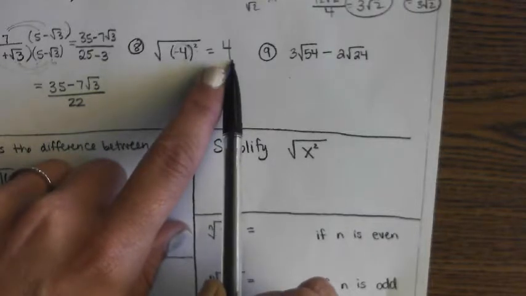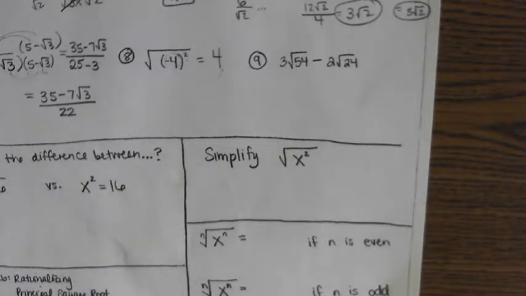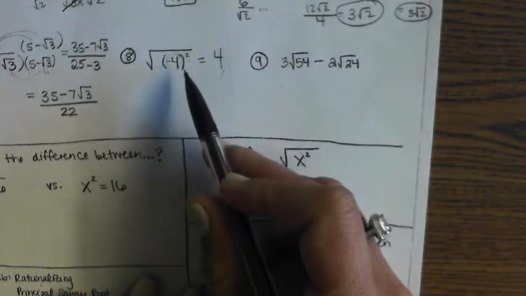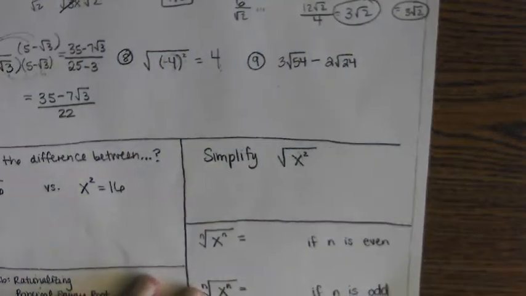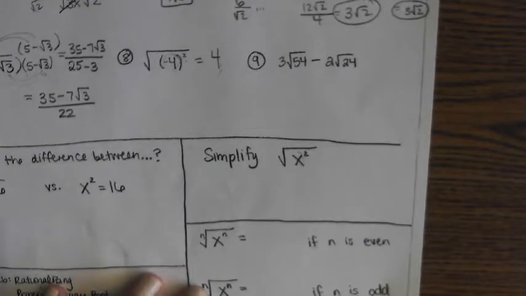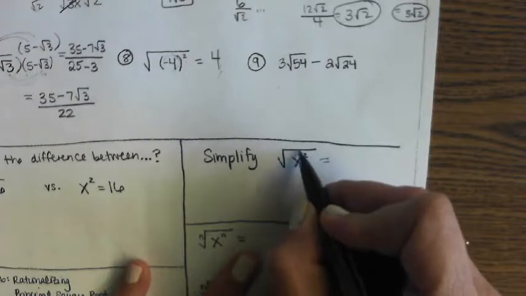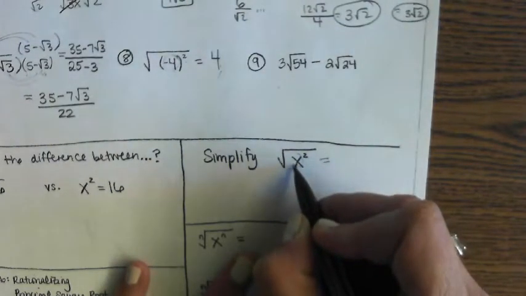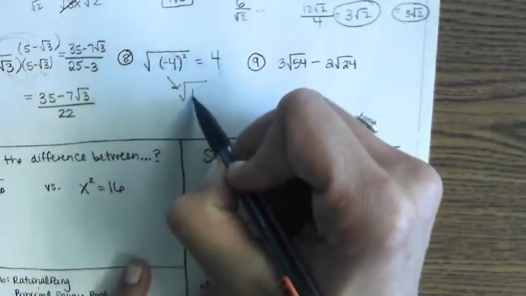No. So the reality is that the square root of x squared is not always just whatever that value x is, as we saw right here. It's not just negative 4. Those don't just cancel. They sort of do. But the reality is, based on order of operations, we always square first. So if x is a negative number, when we square it, it's going to become that positive 16.